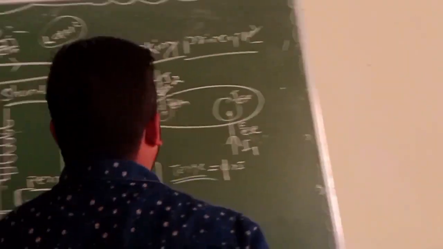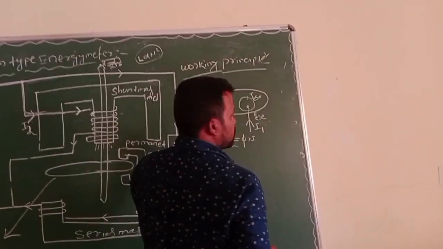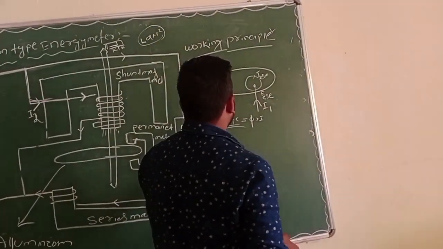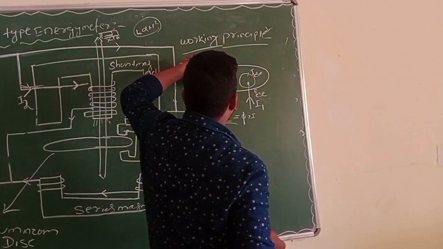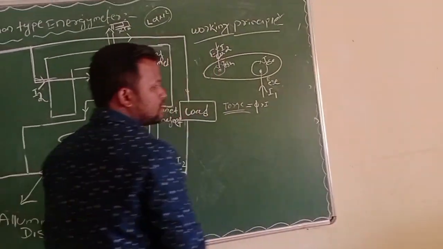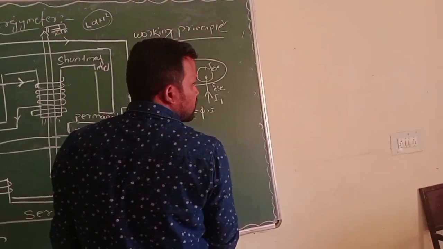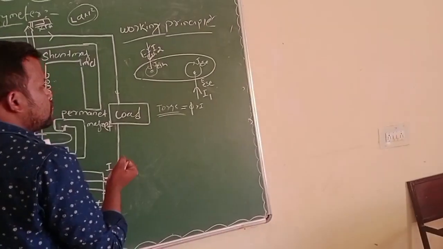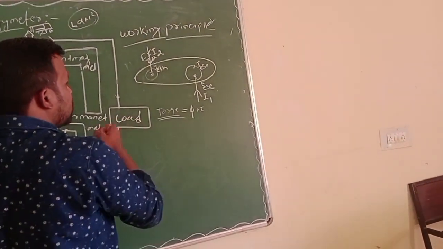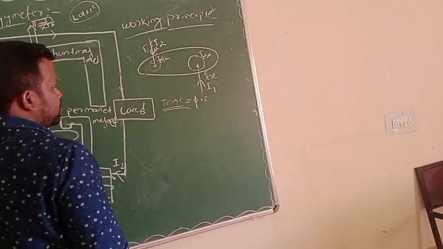The torque is the relation of flux and current: the eddy current of one field with the flux of the other, which gives a torque to move the rotating disc in some direction.